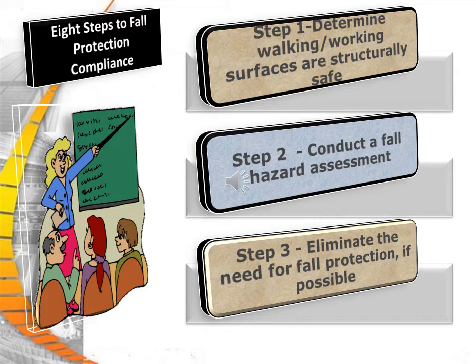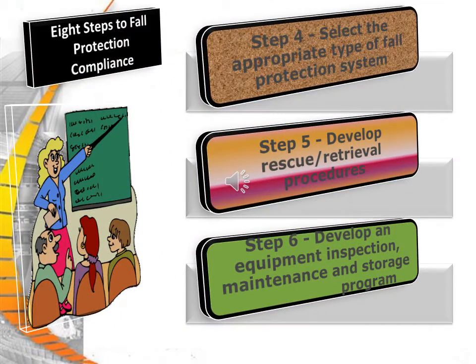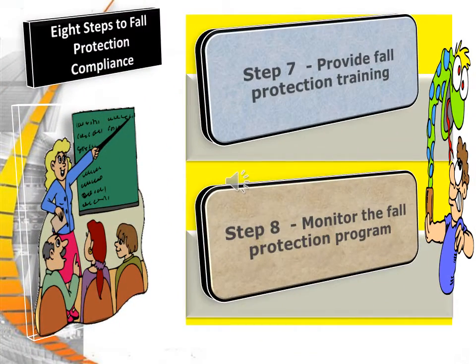Eliminate the need for fall protection if possible. Step 4. Select the appropriate type of fall protection systems. Step 5. Develop rescue retrieval procedures. Step 6. Develop an equipment inspection, maintenance, and storage program. Step 7. Provide fall protection training. Step 8. Monitor the fall protection program.